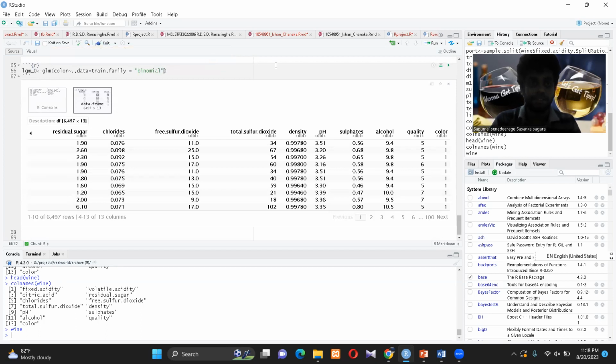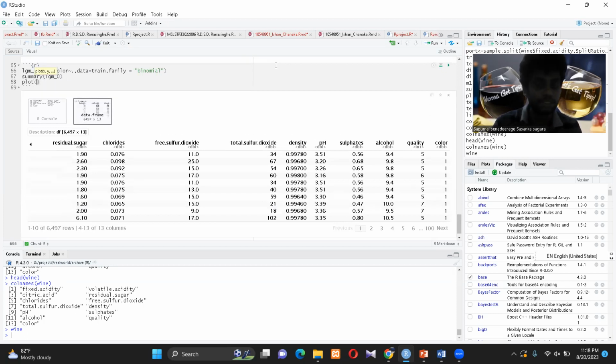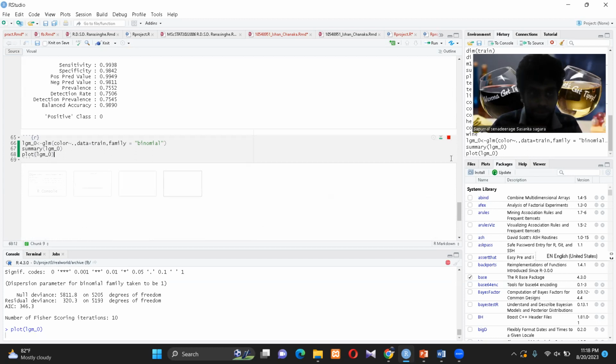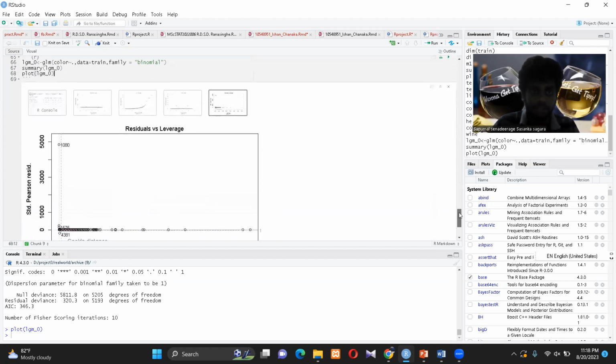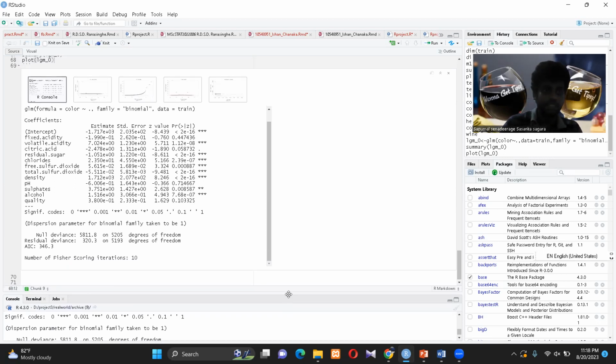Now summary of logistic regression, I'm going to print the summary of logistic model 0. Let me run it and show you the result we got by including all these variables. I think you can remember it. I have explained this result.